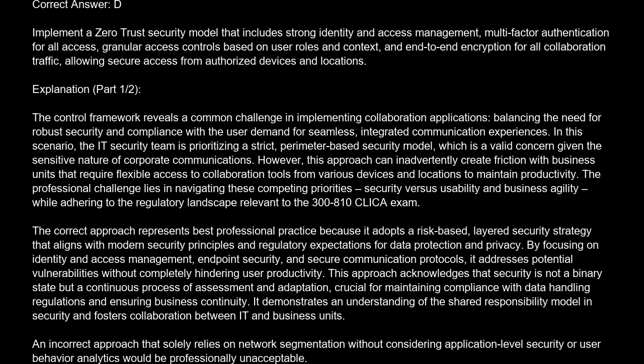Explanation. The control framework reveals a common challenge in implementing collaboration applications: balancing the need for robust security and compliance with the user demand for seamless, integrated communication experiences. In this scenario, the IT security team is prioritizing a strict, perimeter-based security model, which is a valid concern given the sensitive nature of corporate communications.